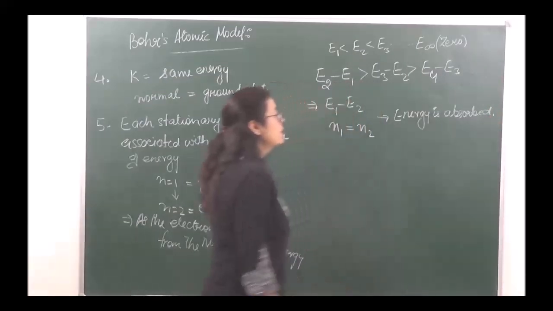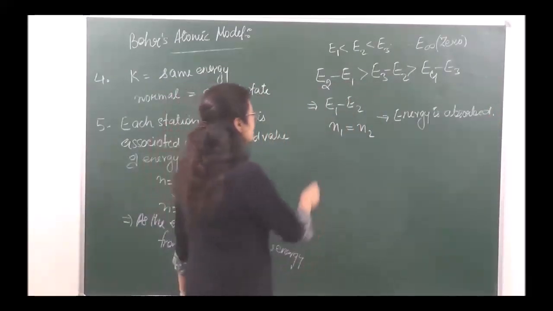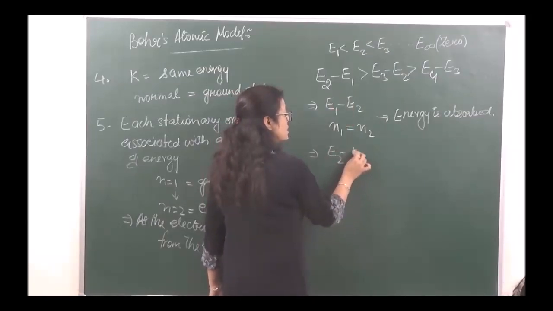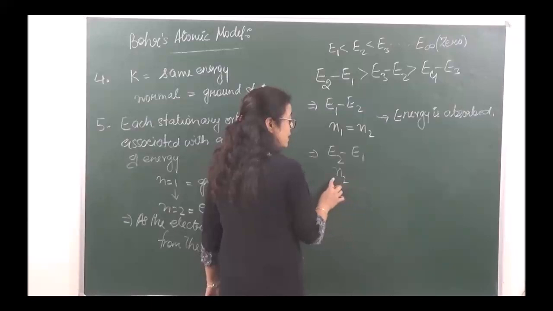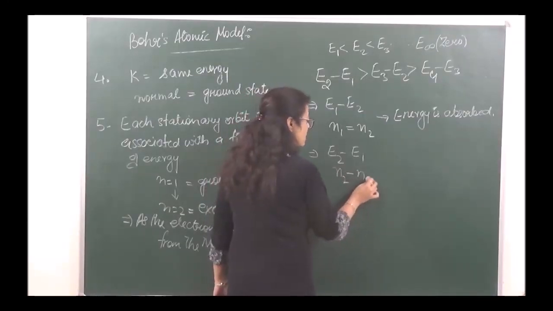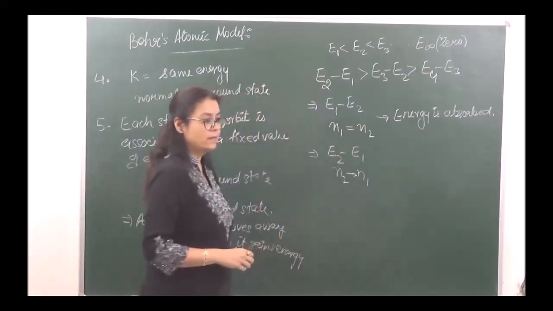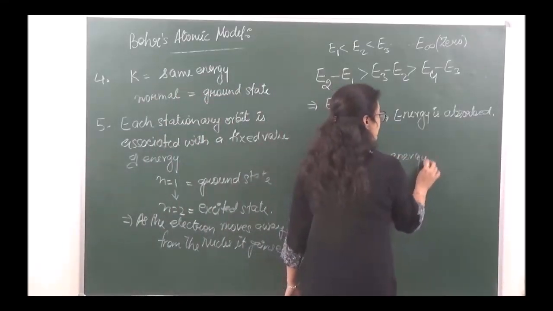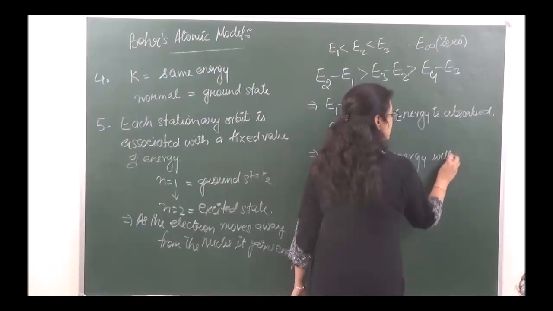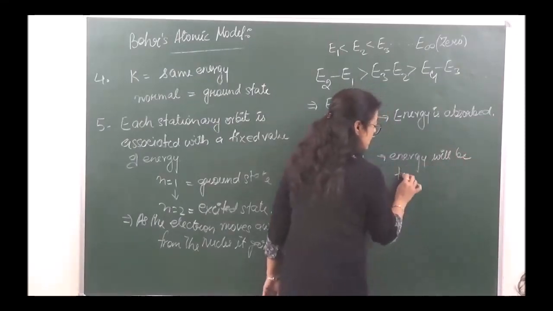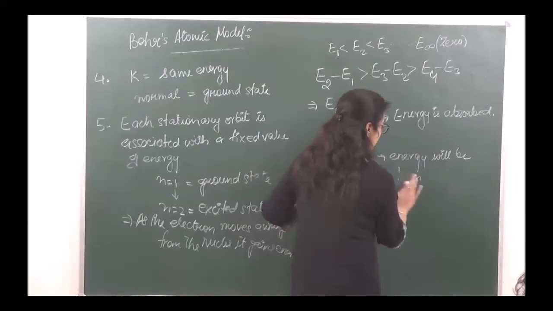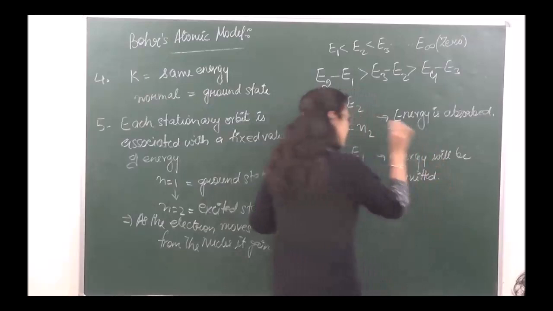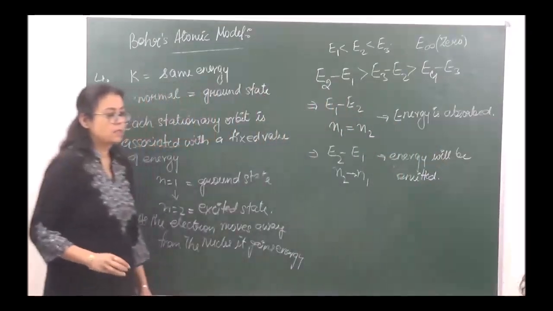Whereas when we are talking of the reverse jump, that is the electron jumping from N2 to N1, in that case energy will be emitted.